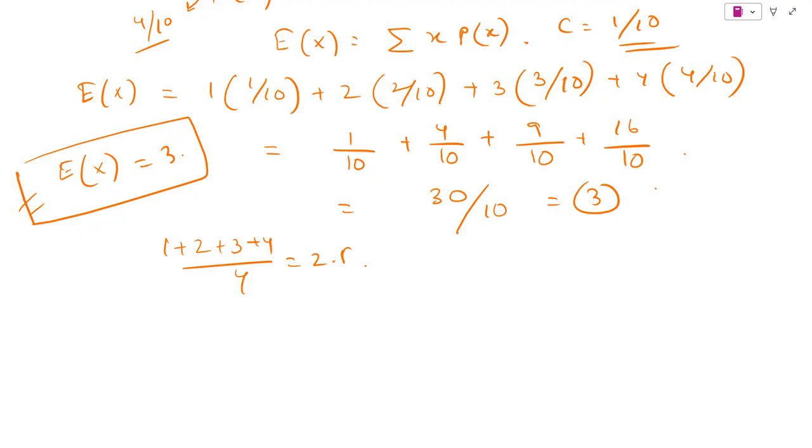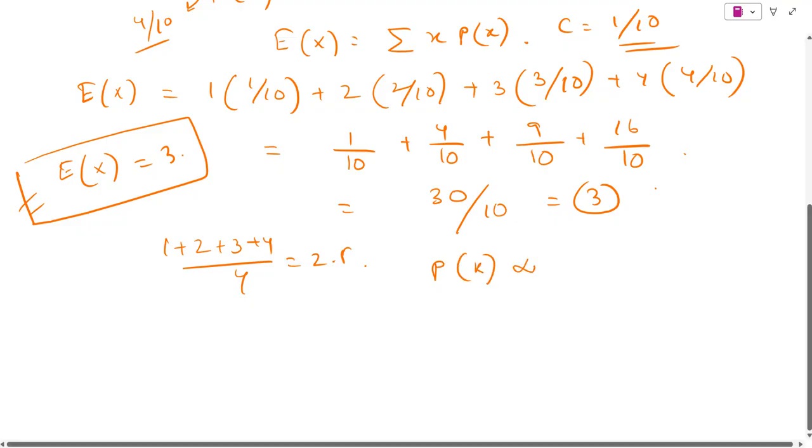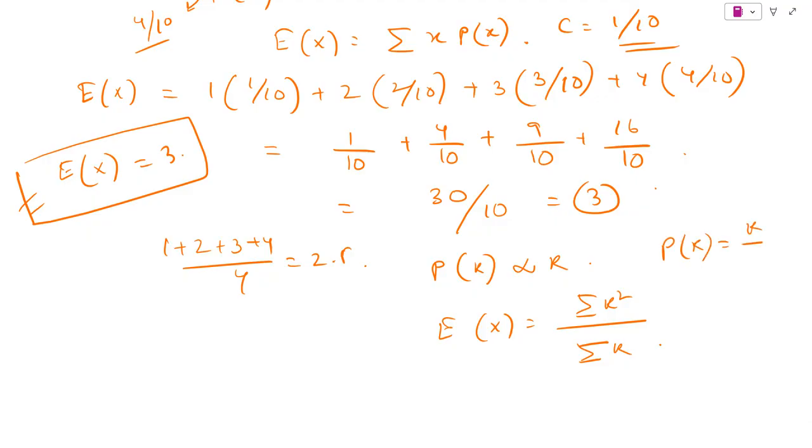Okay, now we have a beautiful shortcut. Since p_k is directly proportional to k, the expected value becomes, because this is basically k by summation k. So therefore, E of X, this is summation of k into k by summation of k.